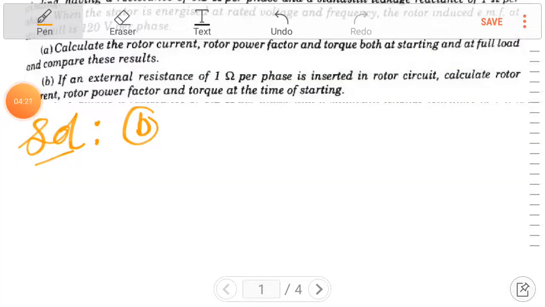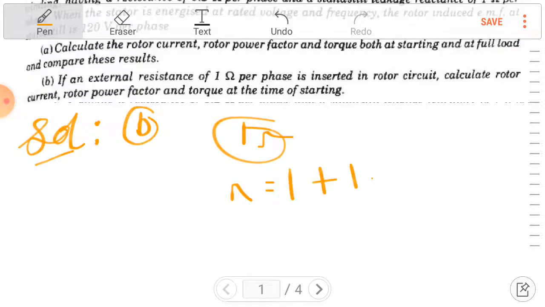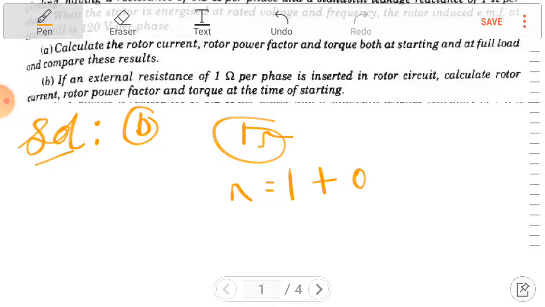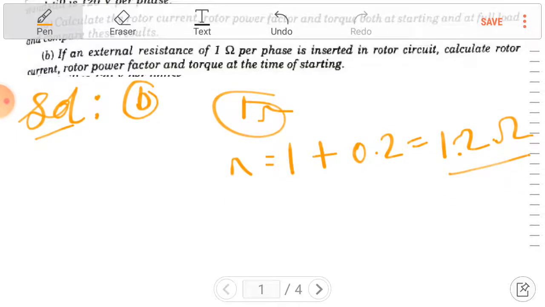Now if the external resistance of 1 ohm per phase is added, then the total resistance will be equal to 1 plus 0.2, which is 1.2 ohm per phase, and reactance remains the same.